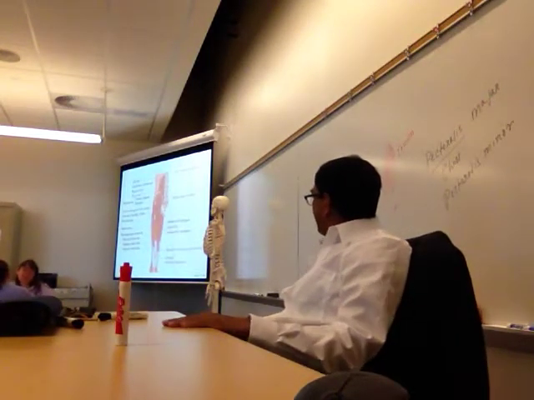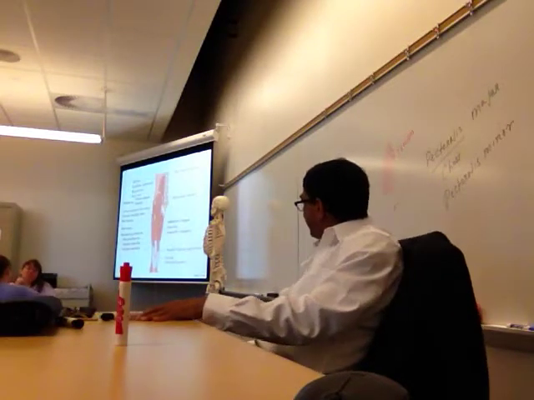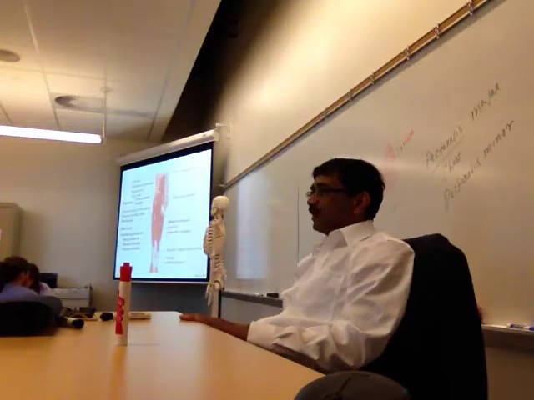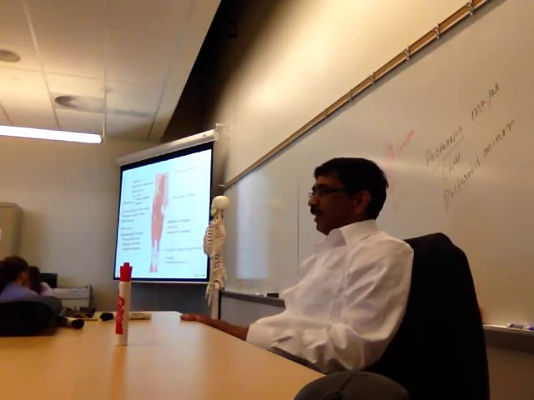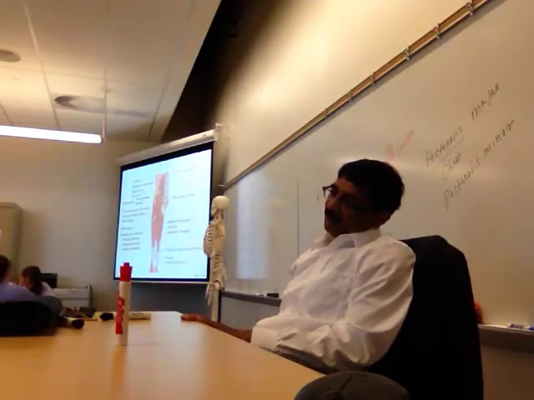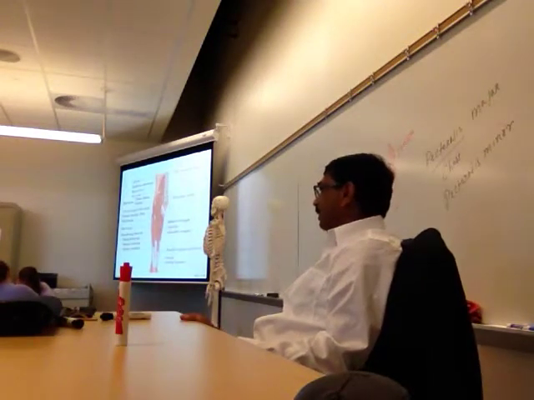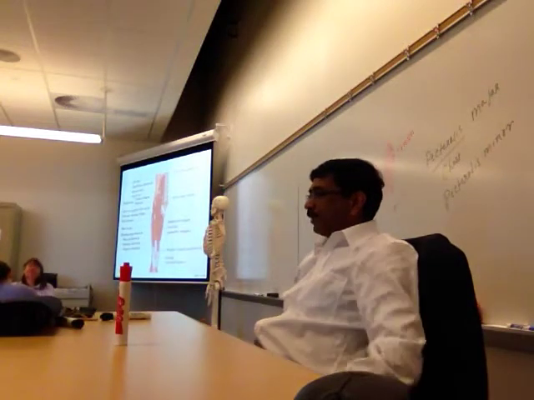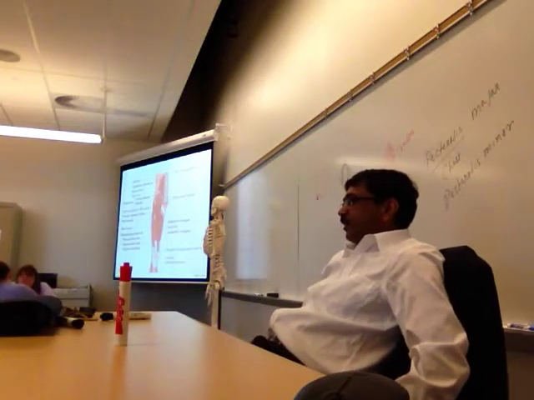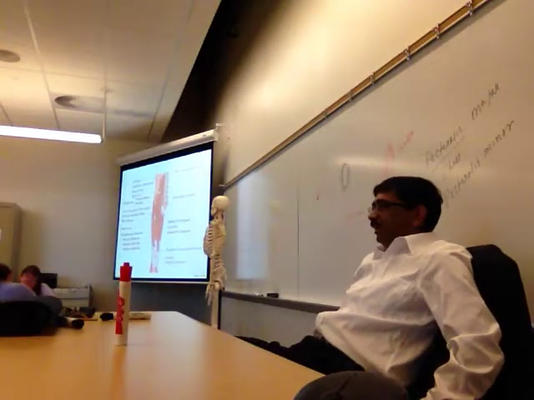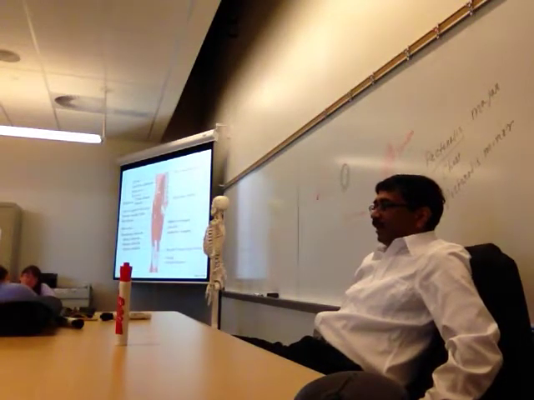Okay. Now, another important thing here is the tendon of quadriceps femoris. From the quadriceps group of muscles, a tendon arises. So from the lower end of quadriceps muscles, a tendon originates or arises.